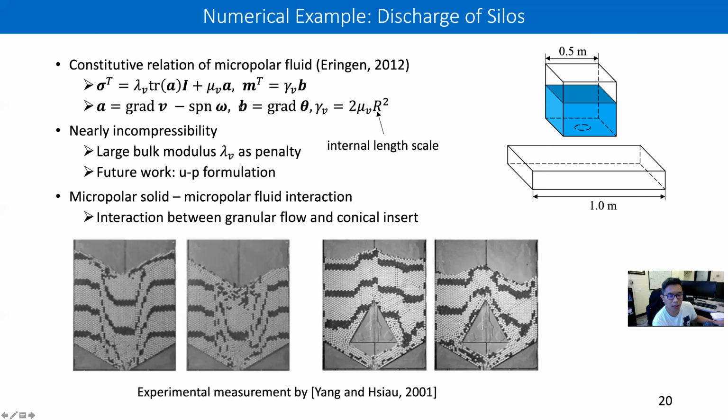But then the new term is the micropolar rotational effect. Okay, so here we allow a bulk modulus to be there. We did not intend to model an incompressible fluid, so only a linearly compressible one. So lambda V is the bulk modulus, which I intend to be really high.